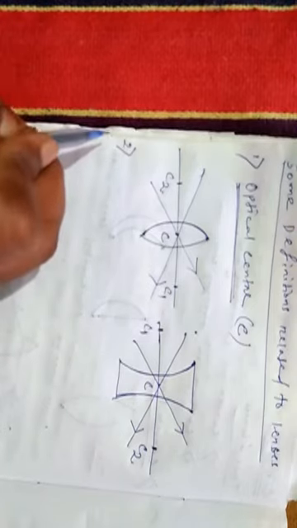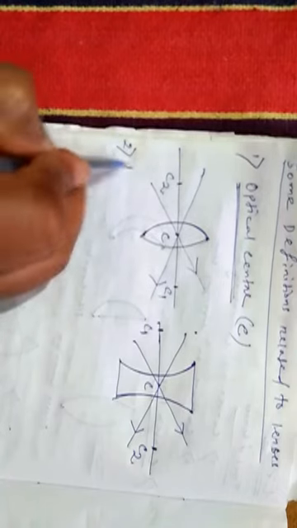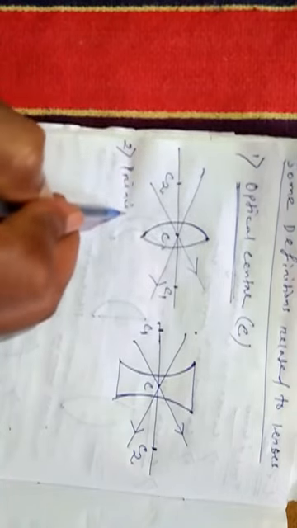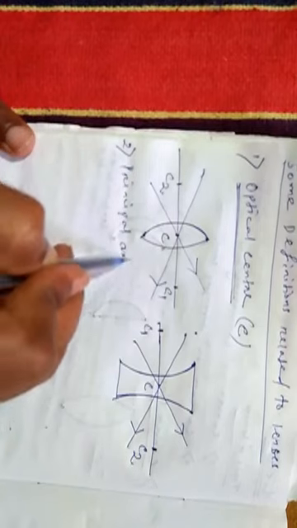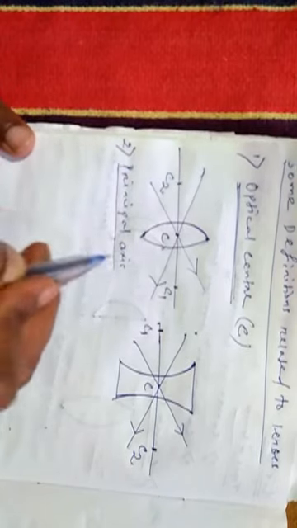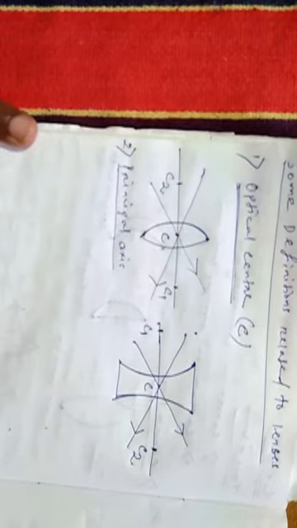Second, what is principal axis? It is an imaginary straight line passing through the centers of curvature and the optical center of the lens.